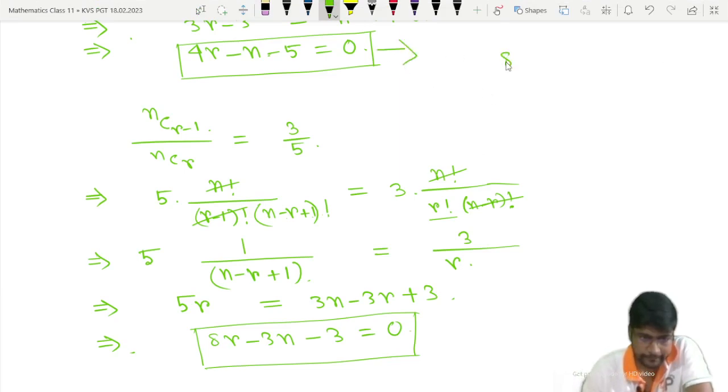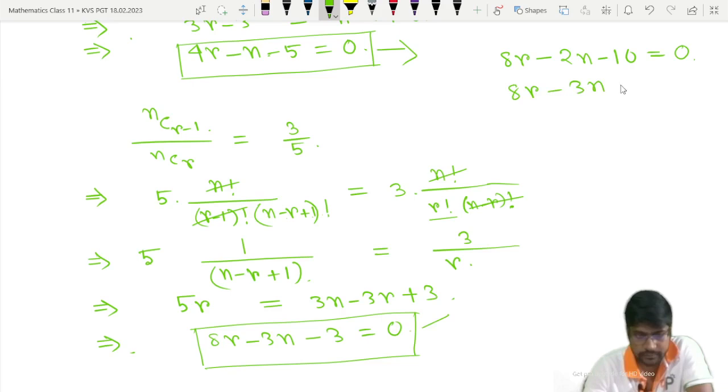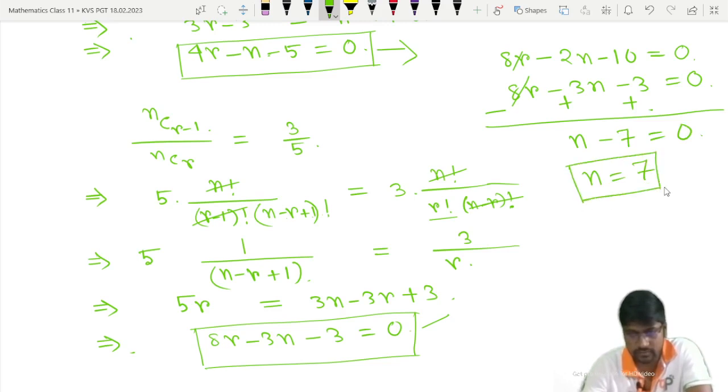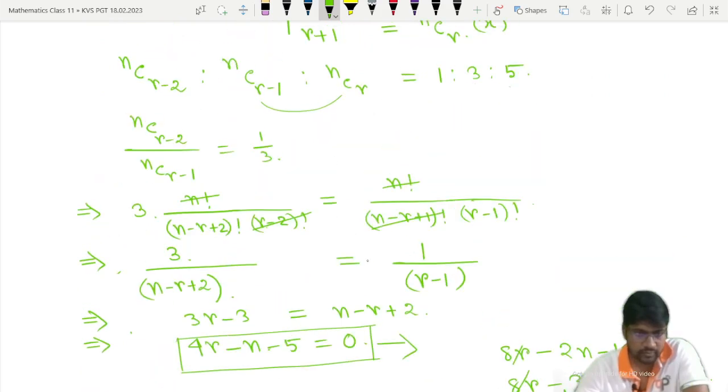So we will get 8r minus 2n minus 10 is equal to 0, and this equation I will write as it is, 8r minus 3n minus 3 is equal to 0, and we will subtract these two. If we subtract, r will be cancelled. So n minus 7 will be equal to 0. So n is equal to 7. Is it clear or not?